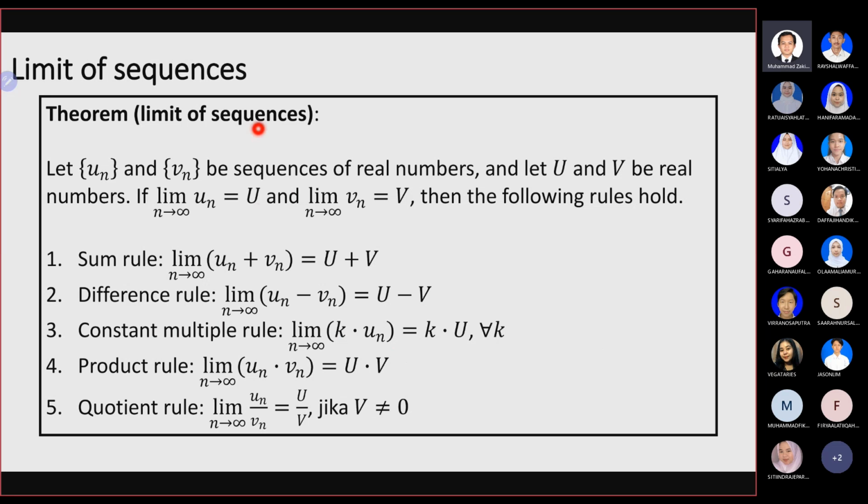This theorem says that if we have two sequences of real numbers, and we know that both sequences converge to some values, let's say the sequence U_n converges to capital U, and the sequence V_n converges to capital V, then the following rules hold.